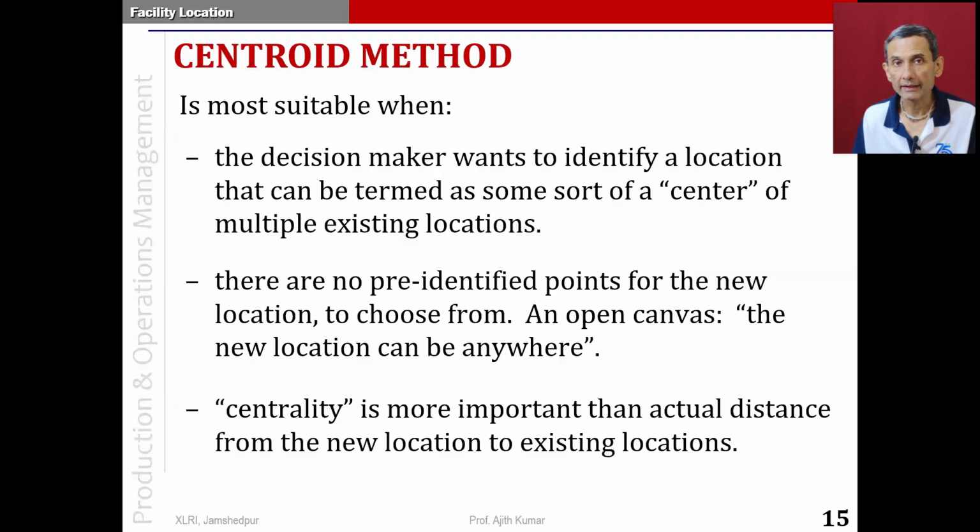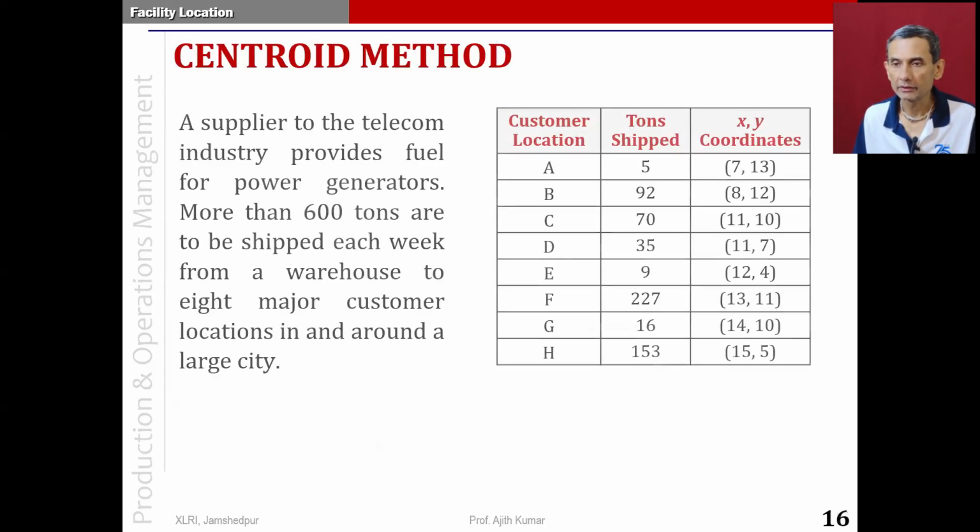Here, the centrality is more important than the actual distance between the new location and the existing locations. So when centrality is a key factor, the centroid method, which is also sometimes called the center of gravity method, can be used. So how do we do this method? Let's look at an example.